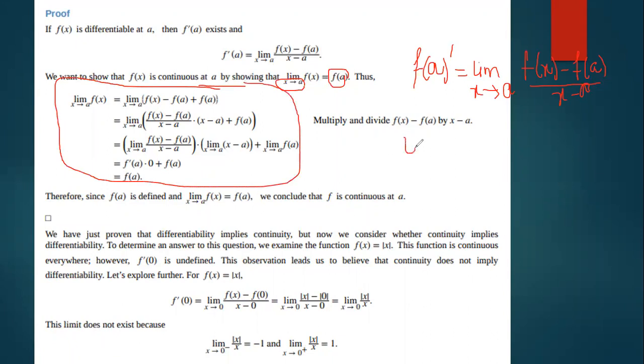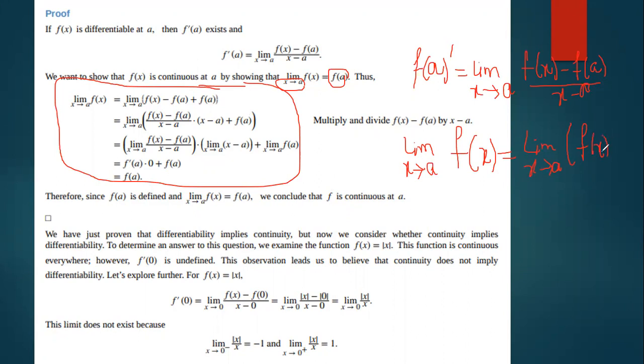So first, I take the limit as x approaches a of the function value f of x.